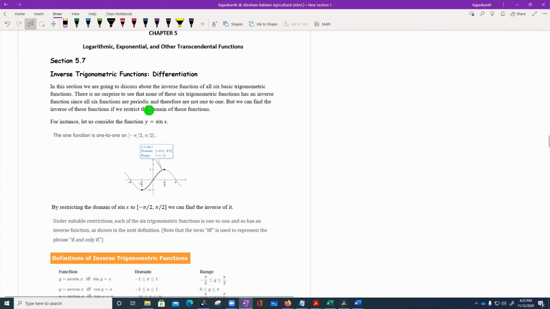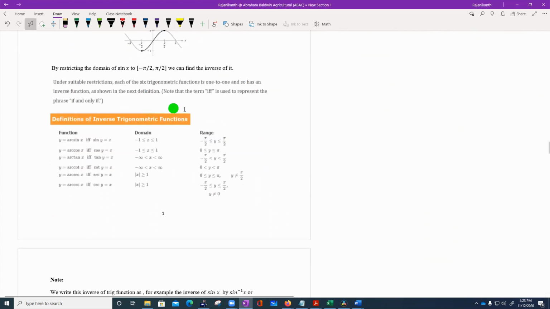Okay, so this is just the inverse of the function, right? Remember, suppose you are given a trigonometric function, say sine x. Remember here, x is the domain.